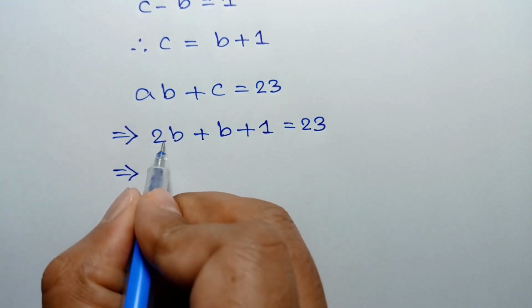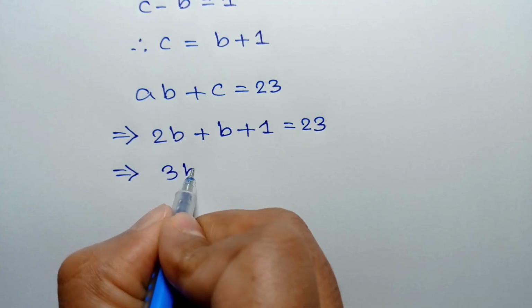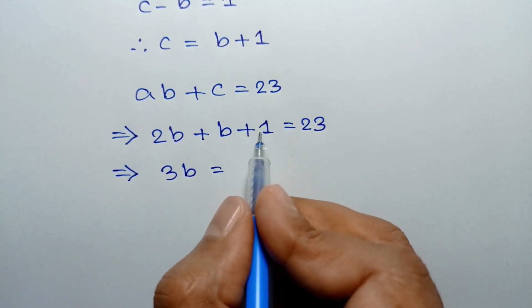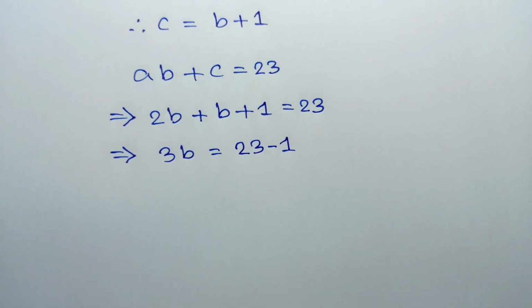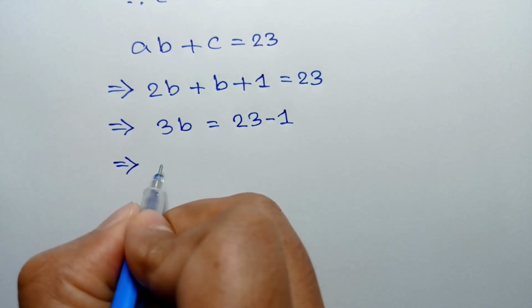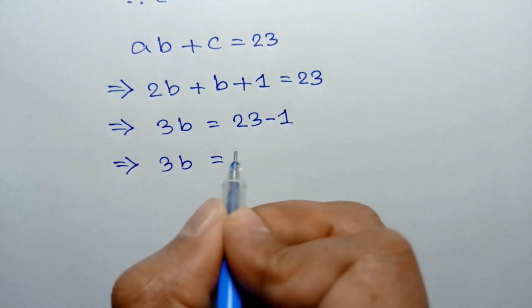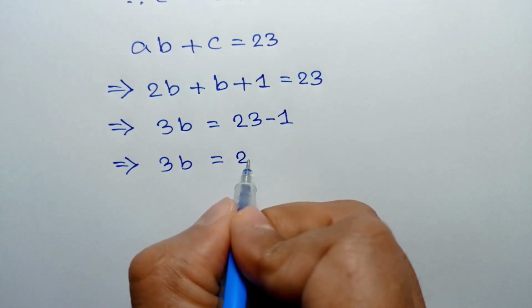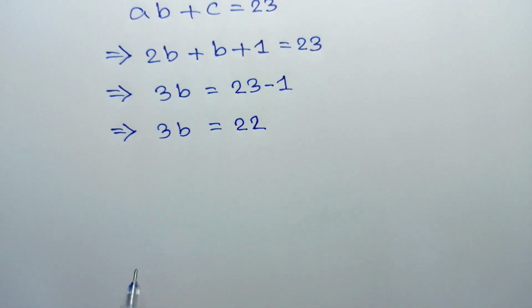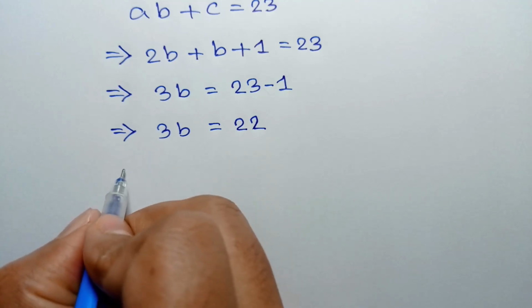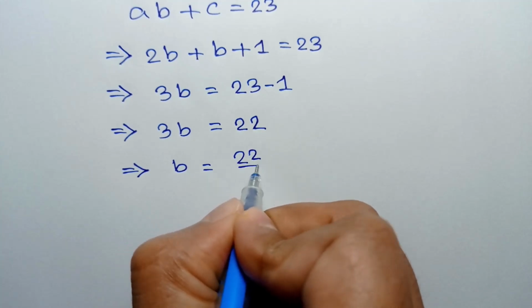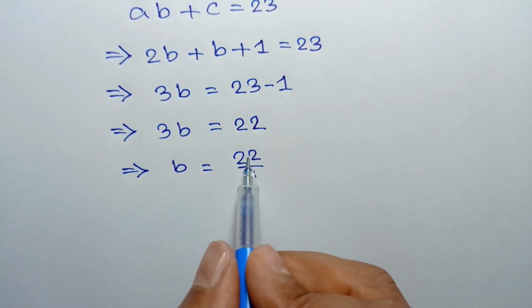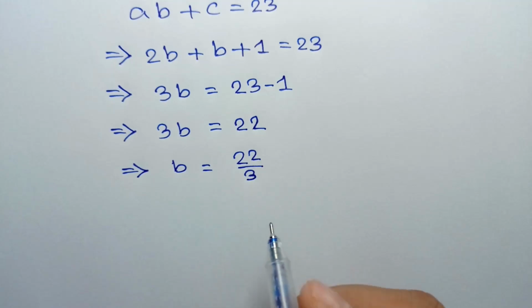Twice B plus B is 3B, and taking this 1 to the right side, 3B is equal to 23 minus 1, which is 22. Now dividing both sides by 3, we will have B is equal to 22 over 3. But 22 over 3 is not an integer, so there is no integer solution in this case.